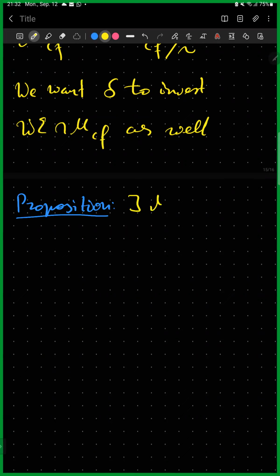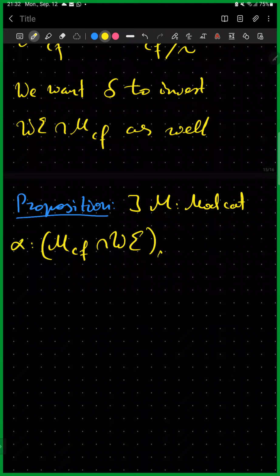Assume that M is a model category and alpha is a morphism, well, a weak equivalence between fibrant and cofibrant objects.